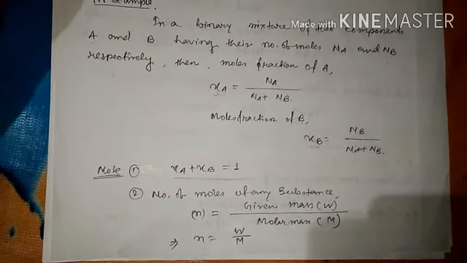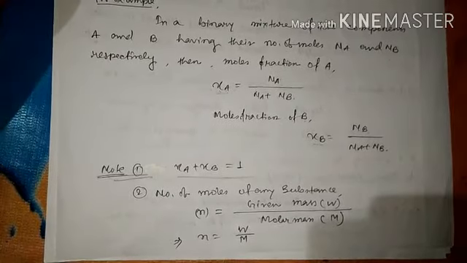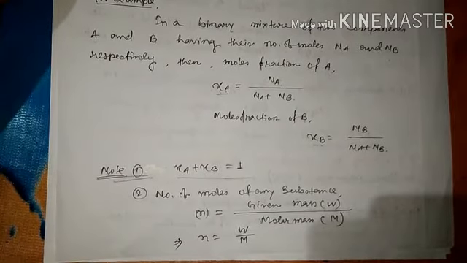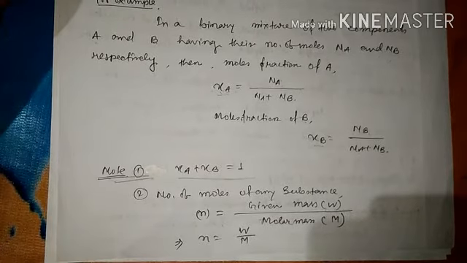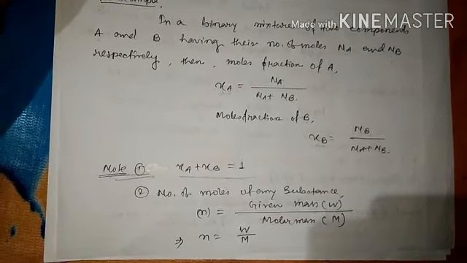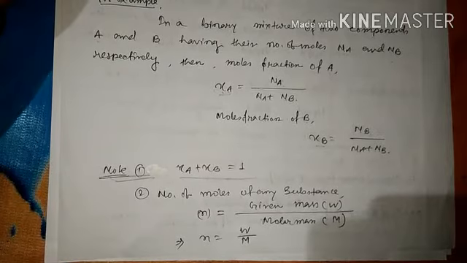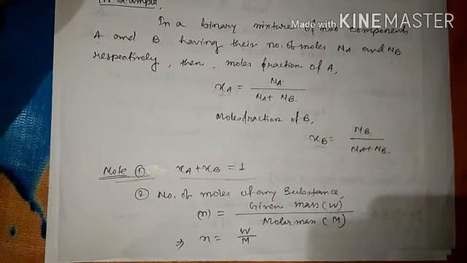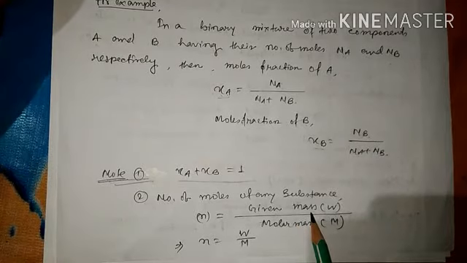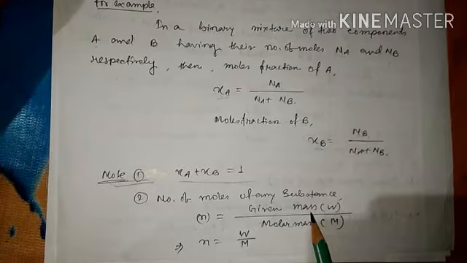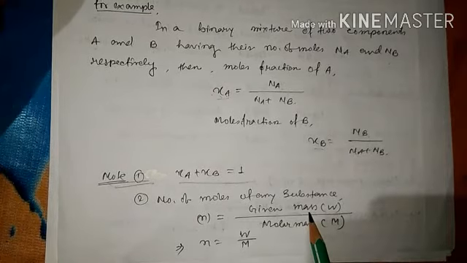Okay. Now, here two important points are there. See, the number of moles of any substance, that means in a reaction how many moles react, small n, is given by the given mass divided by the molar mass. Suppose 4 gram or 5 gram is dissolved in 100 ml of water, that is the given mass.